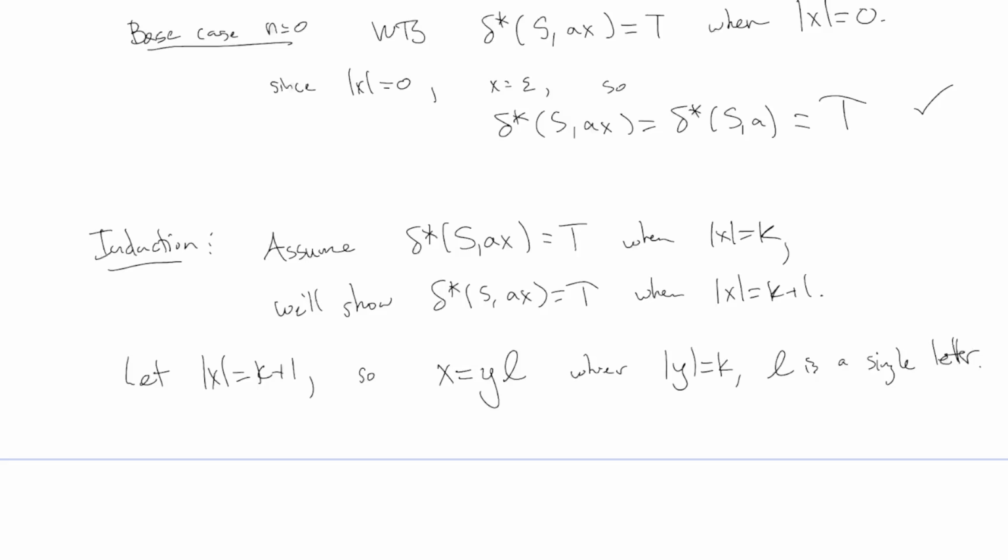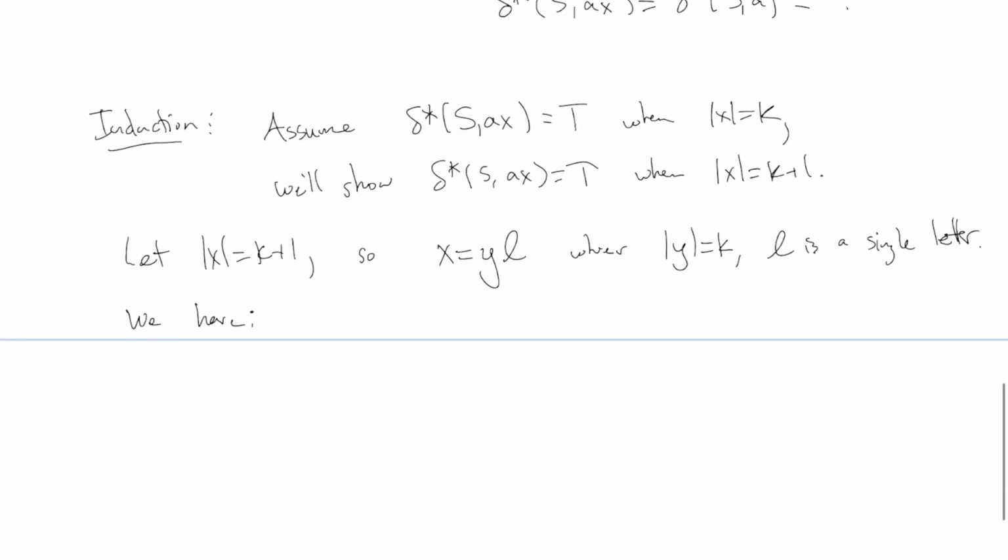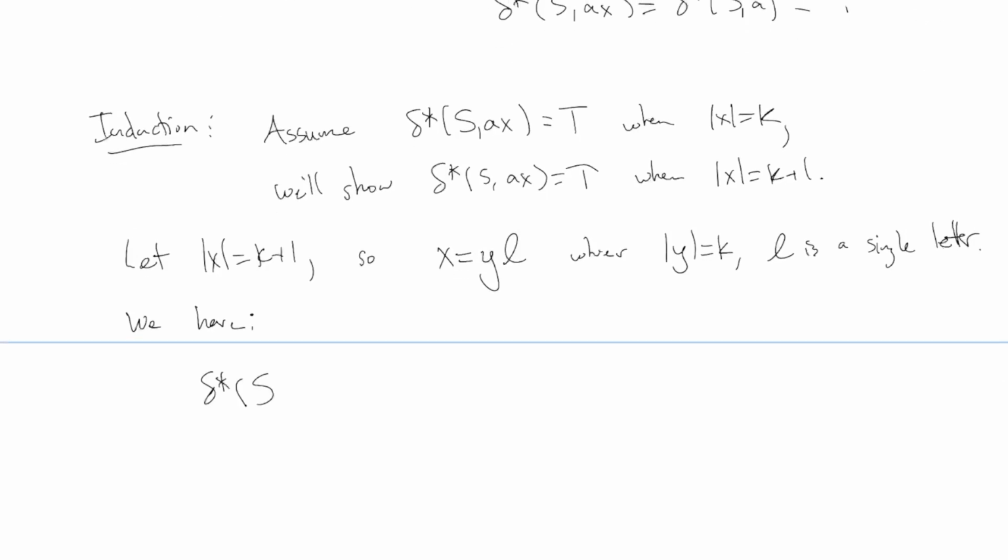This is what allows us to use the induction hypothesis, is that y now has length k, and so we can use the induction hypothesis on y. All right? So let x be k plus 1 length. That means I can write x as something with a letter on the end, so that L is a single letter. And now we can finish the argument. So we have now delta star of S, AX, all right?